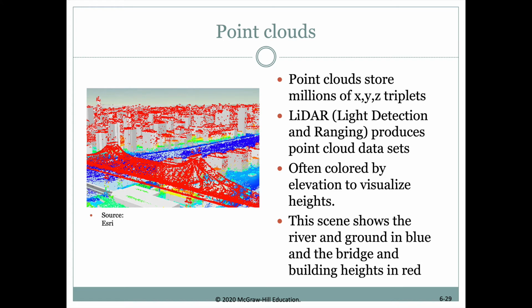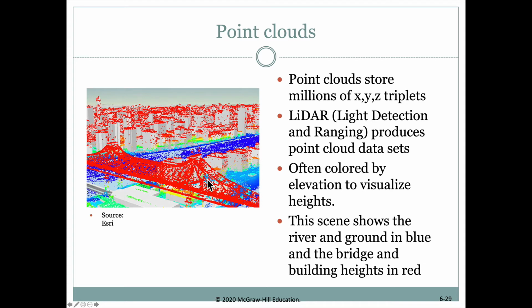Another thing that we often see in GIS is these point clouds. These point clouds are often associated with LiDAR data, which stands for light detection and ranging. Basically it's light that's bounced from some sort of UAS or airplane down against the ground, and the returns from that are measured by sensors on the plane, and then we know how far from the plane's location those points are, and we can make this 3D model based on that, where each one of these is a little point with an X, Y, and Z coordinate.